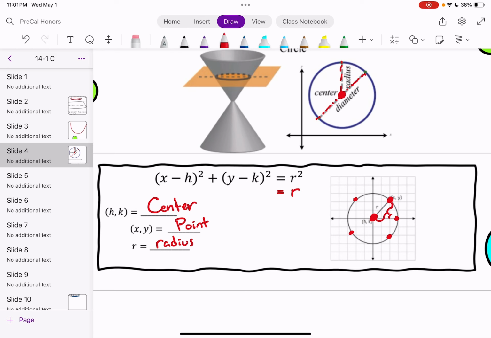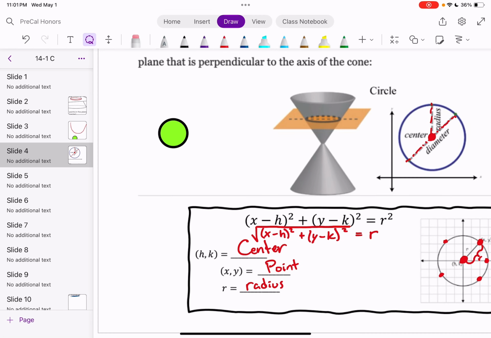So we're still going to deal with the exact same equation of x minus h squared plus y minus k squared. But we are going to take the square root of that entire equation. By doing that, we are then able to solve specifically just for r and nothing else.